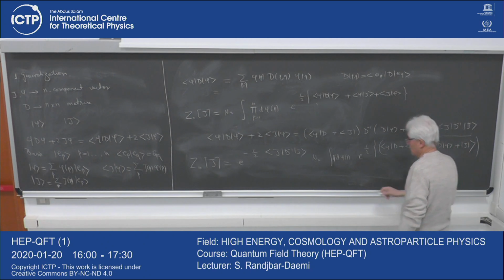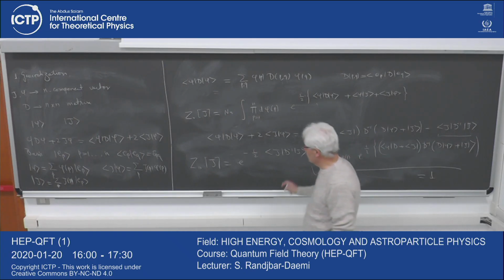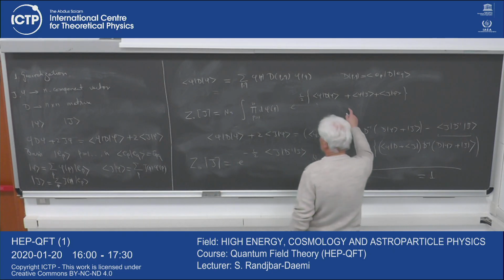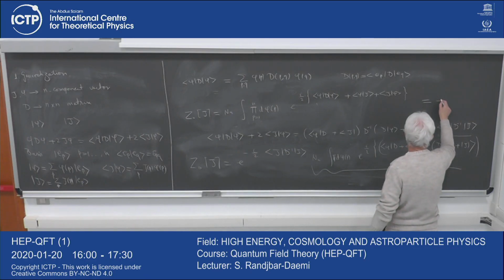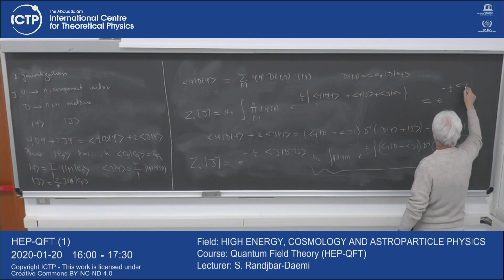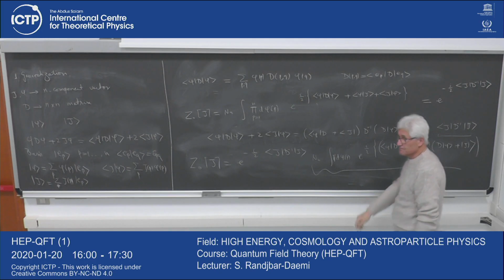In other words, N0 times this object is simply 1. So this is our final result. The result of this integral is exponential of minus i over 2 J D inverse J.